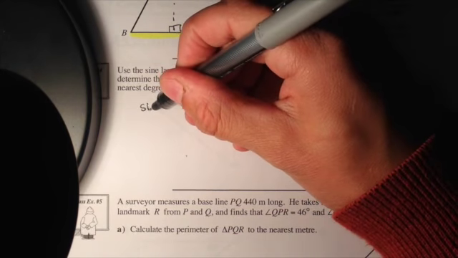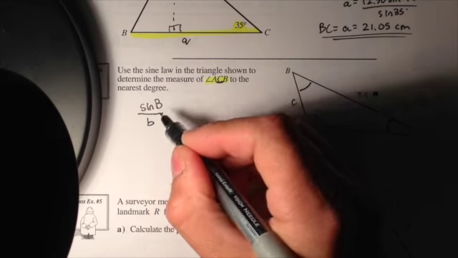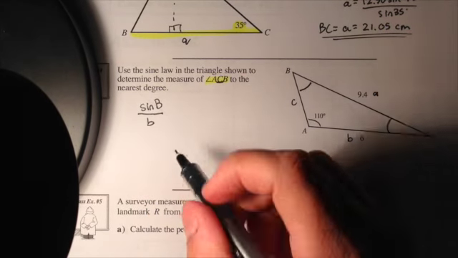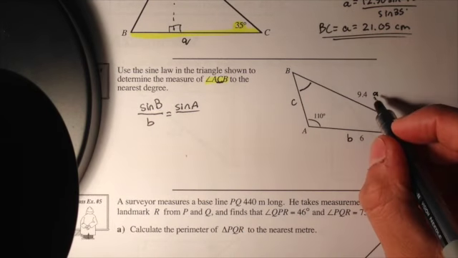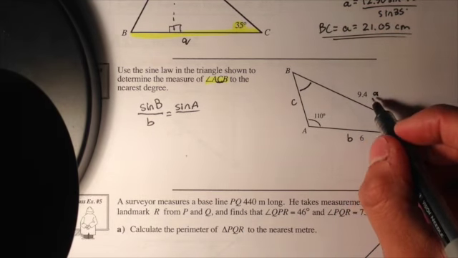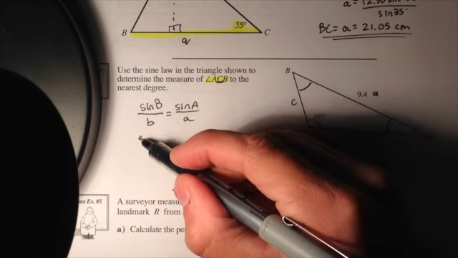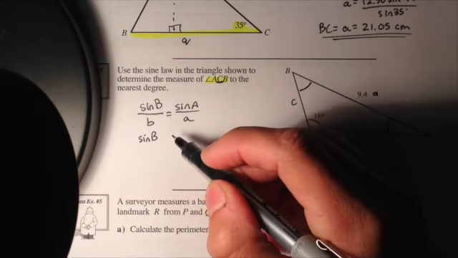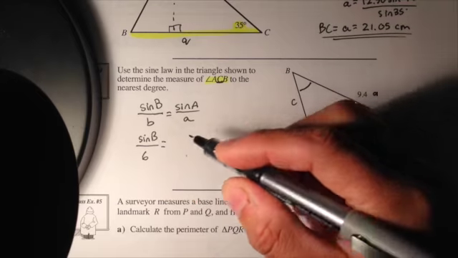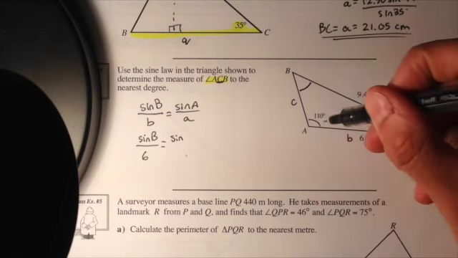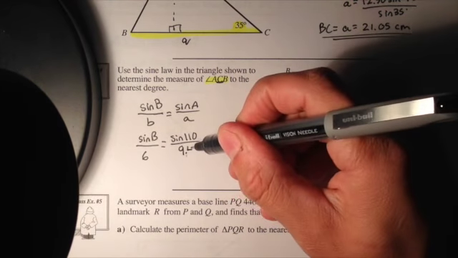Okay, so I can use B and I can use my A's. And so I don't have sine B, and let's flip this equation around. I do have B, and I also have sine A, which is 110, and I also have side A. Okay, so if I'm going to find sine B, sine B over 6 is going to equal sine of 110 degrees over A, which is 9.4.